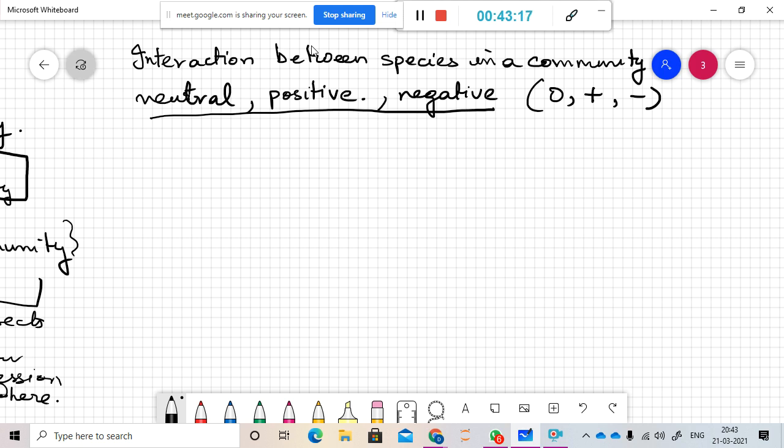So there are certain types of relationship in literature. First is neutralism. In neutralism, neither population is affected by association with each other.